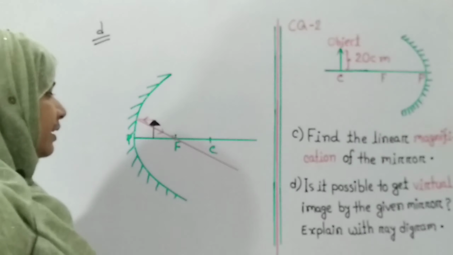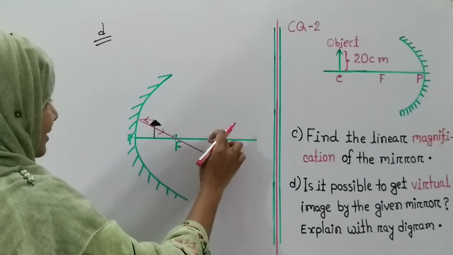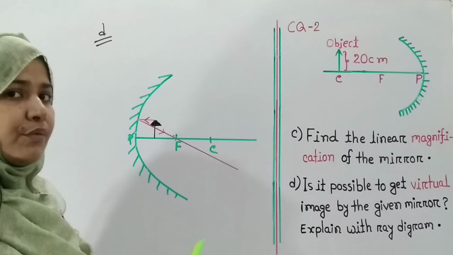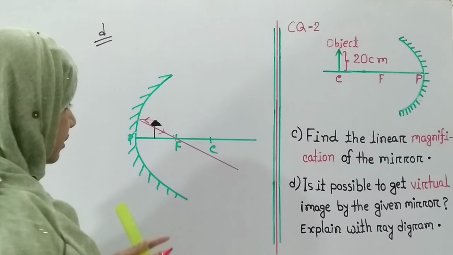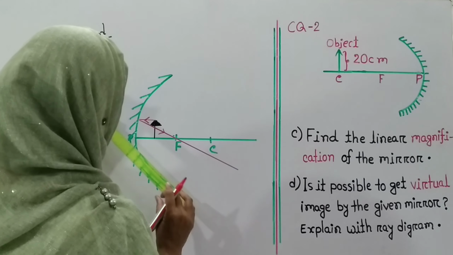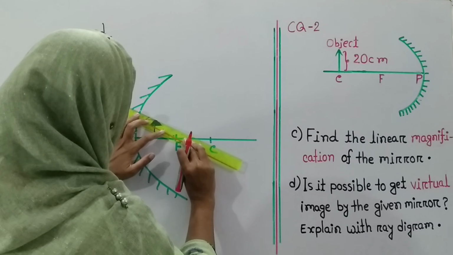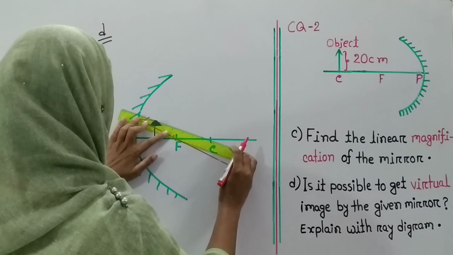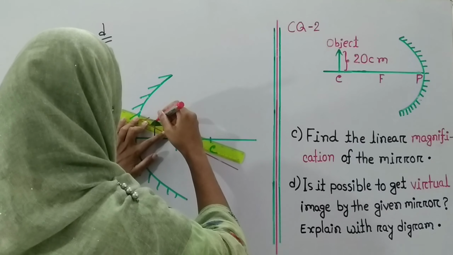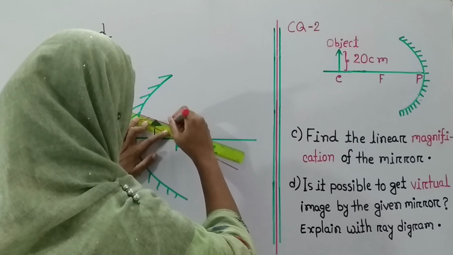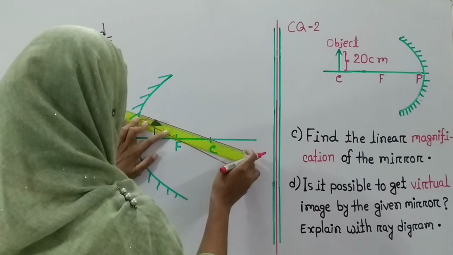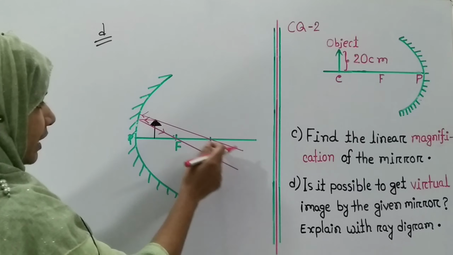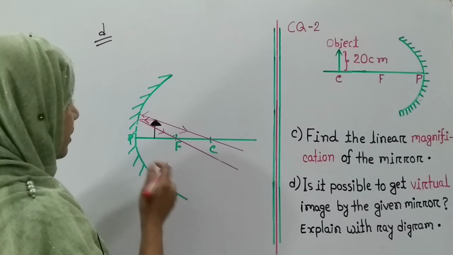Now another light ray will come through the center of curvature, and as you know, when a light ray enters through the center of curvature, this ray will return along the same path.